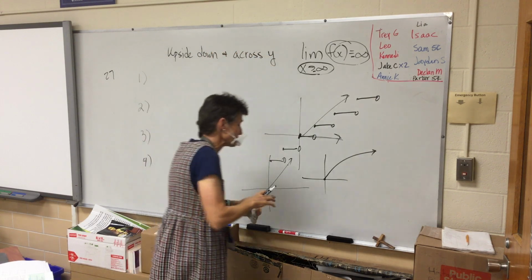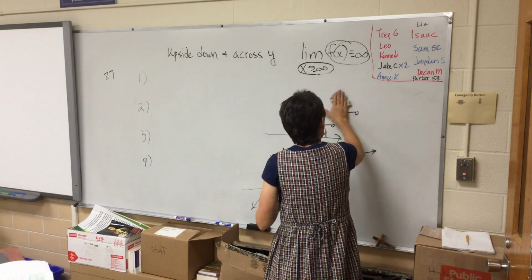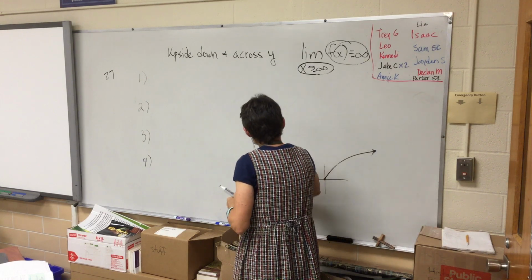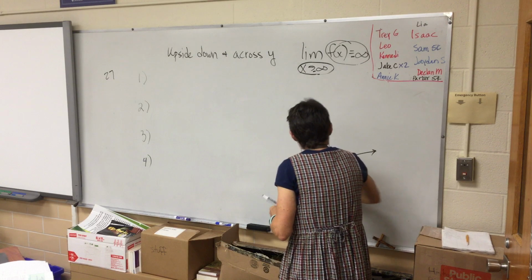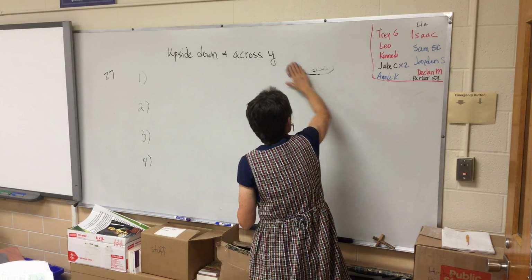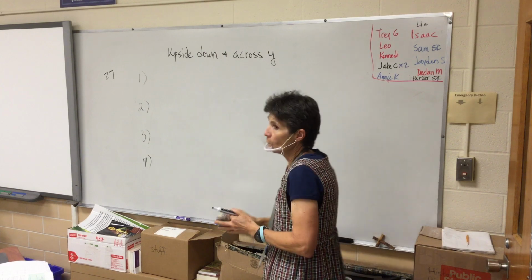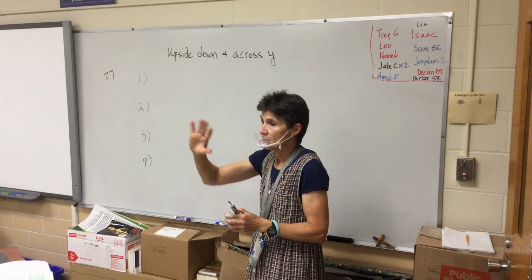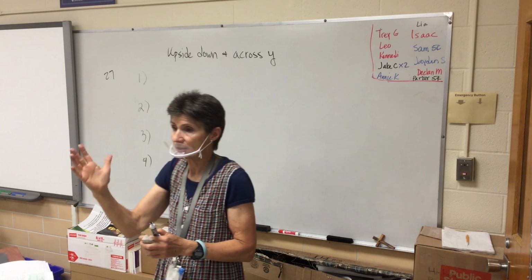All right, this takes some visualization. Look at each of your pictures. Imagine flipping it upside down and then across y. So you're going to flip it upside down and across y.